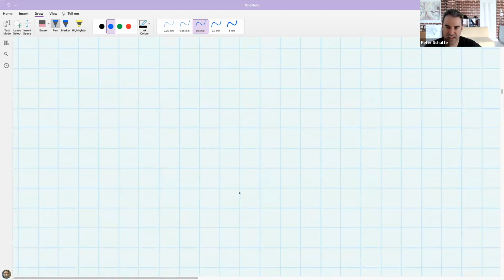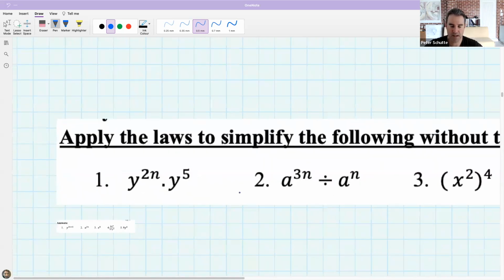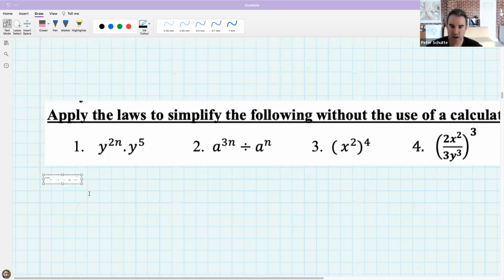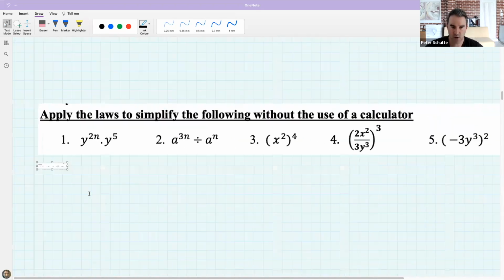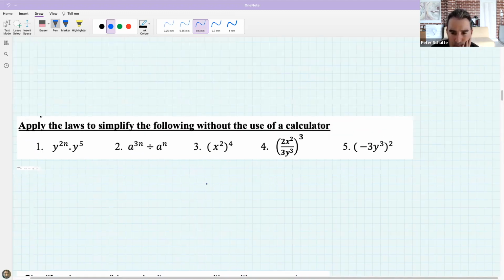So I think what we need to do is we need some proper written questions here just before we take our break. So what I want you to do is try and do for me these. Let's do 1, 2, 3, 4.